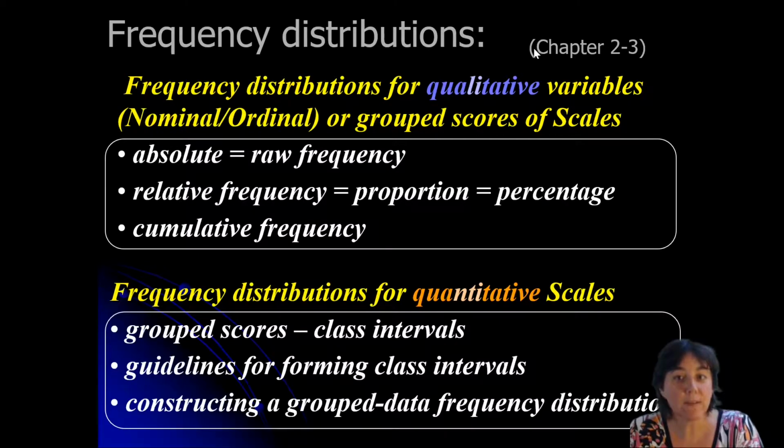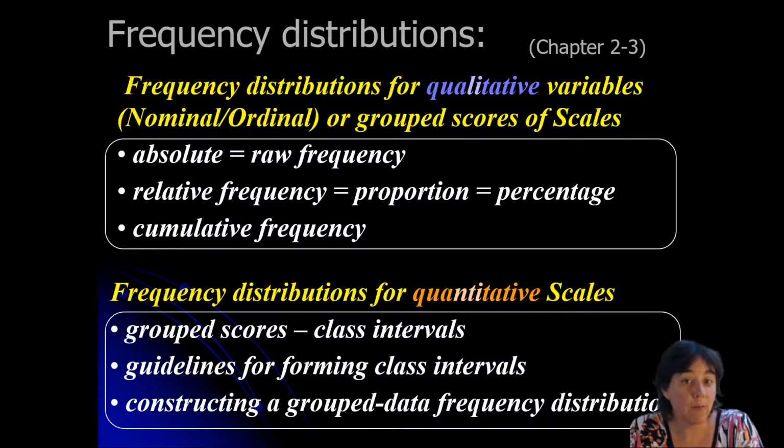And frequency distributions are summarized in chapters 2 and 3 in the minimum book. So for qualitative variables, nominal, ordinal, or grouped scores of scale type variables, we can calculate absolute frequency, that is raw frequency. We will turn to this in a moment, how to do this.